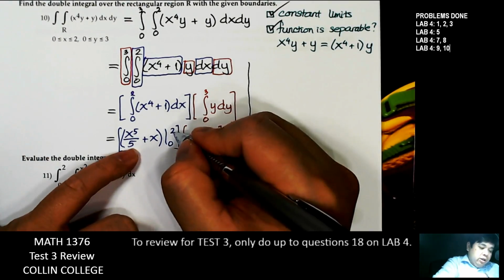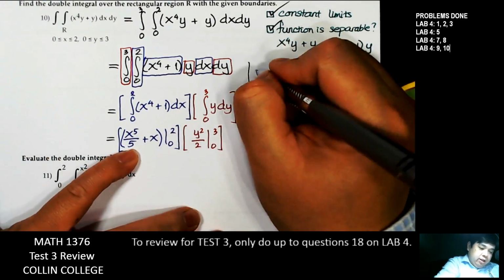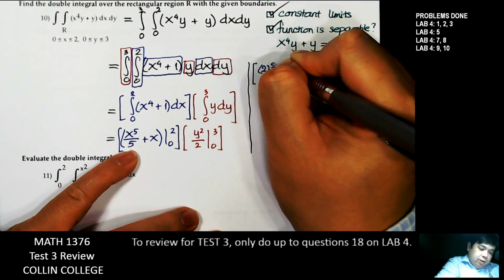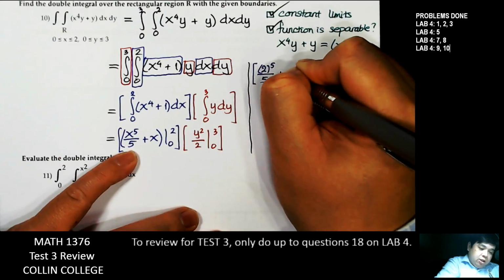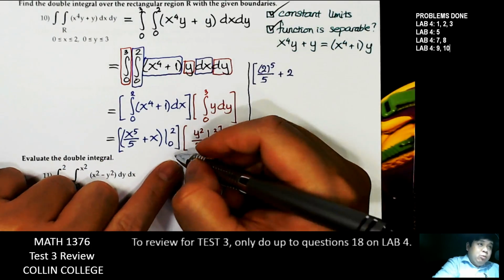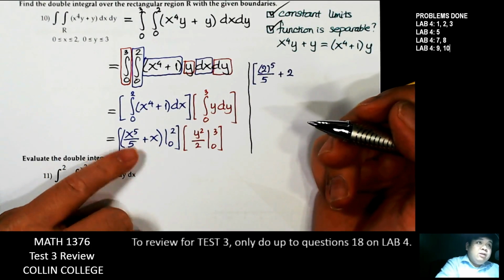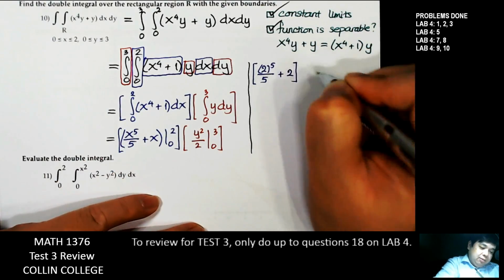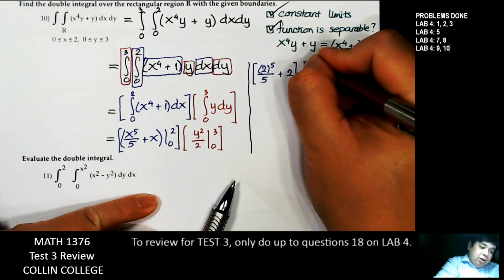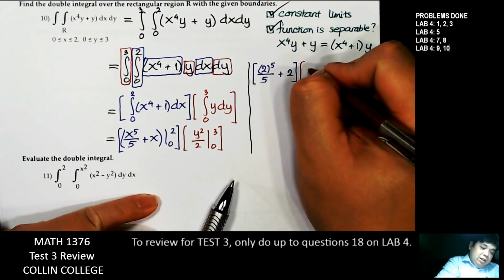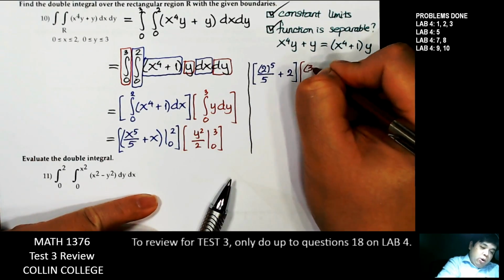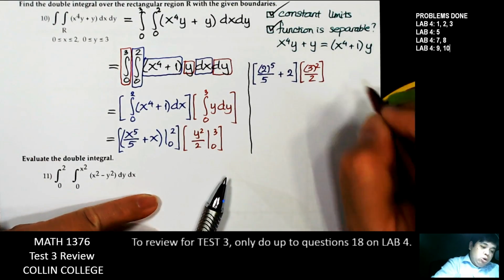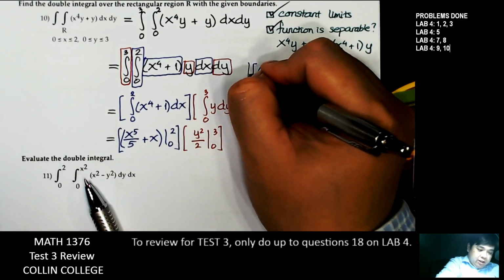Then we continue. Put 2 in here, we have 2 to the 5th over 5 plus 2. And put in 0, we have nothing, 0 plus 0. So pretty much just this. And then the other one for y, put in 3, we have 3 squared over 2. And put in 0, we have nothing. So pretty much that's what we have.